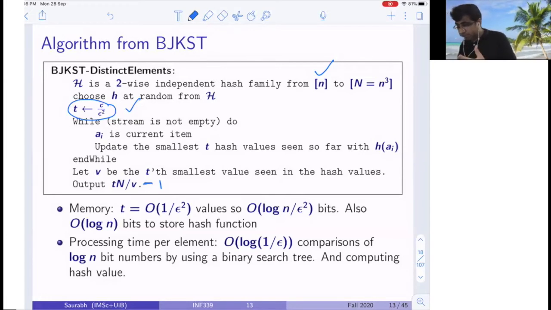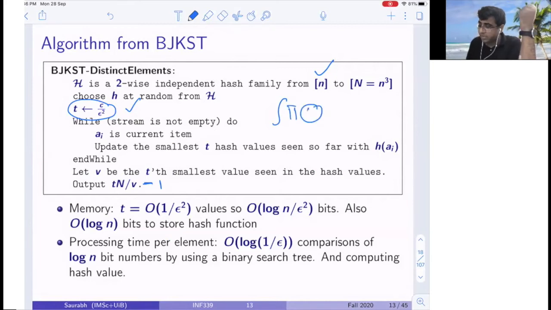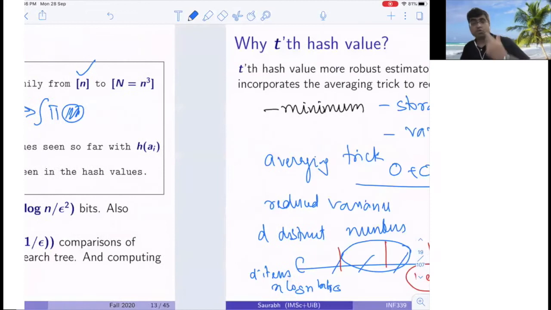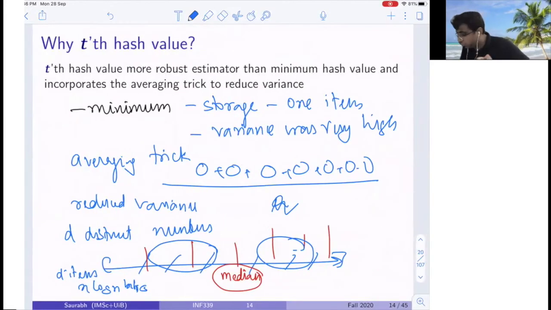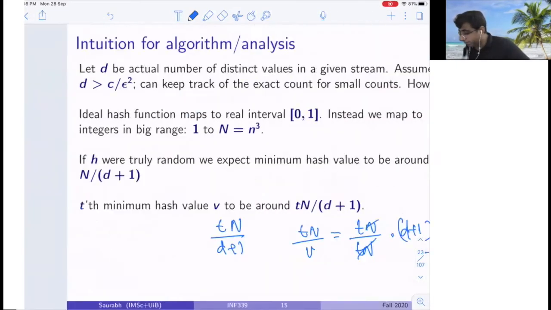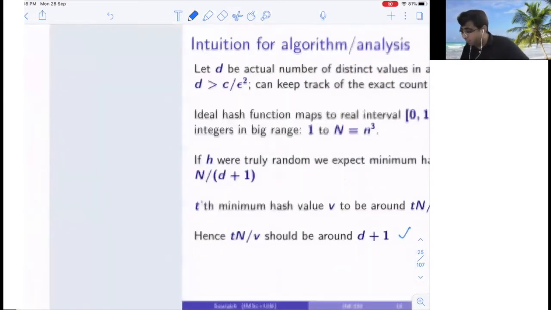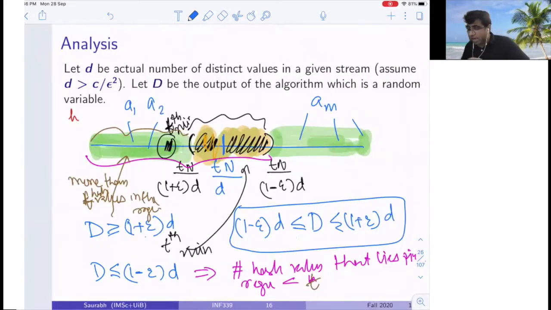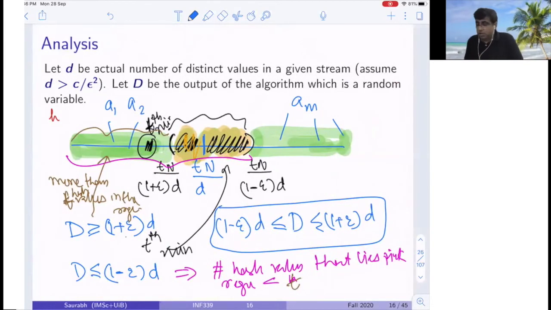And for the analysis, when we assumed completely random, we had this integration and took the product of each probability. This is the place where we use the fact that we have 2-wise independence. To use 2-wise independence, we needed to upper bound the bad probability in a different way. How did we do that?